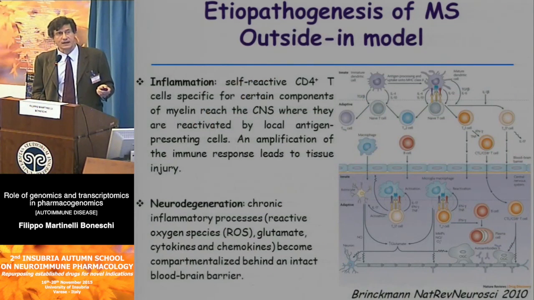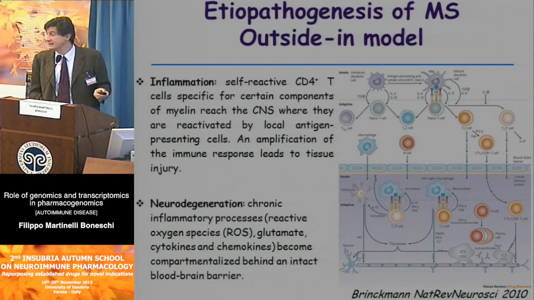So, as mentioned before, one of the hypotheses related to multiple sclerosis is the so-called outside-in model. The basic idea is that self-reactive CD4 positive T cells, which are specific for certain components of myelin, who are reacting against self, are able to reach the central nervous system.